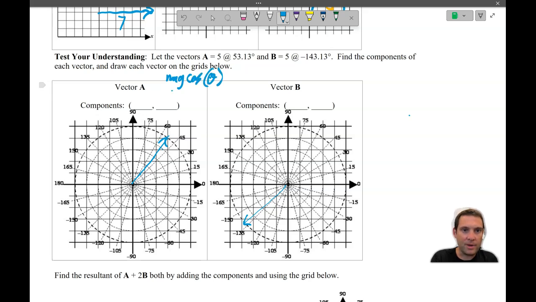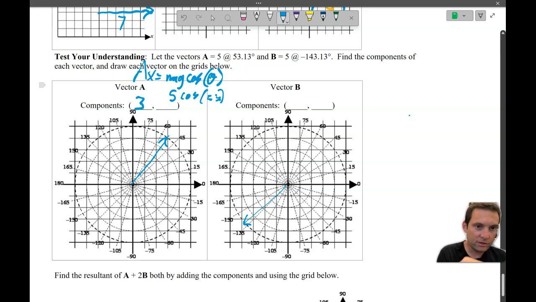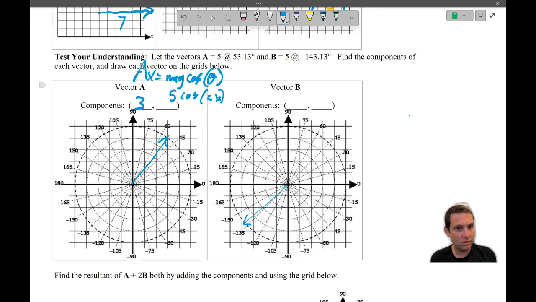So for vector A, our magnitude is 5. Cosine, this will give us our x component, 53. Plugging that in the calculator. Let's use the whole thing, 53.13. My component is 3. Do this yourself. Check it. Try it. Are you in degrees or radians? We should be in degrees.